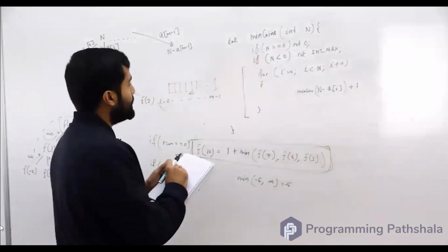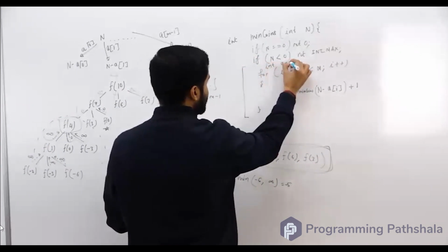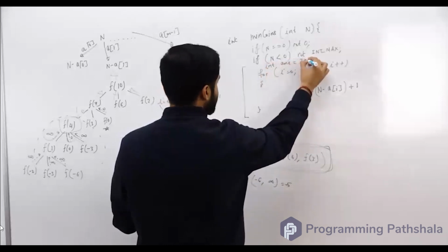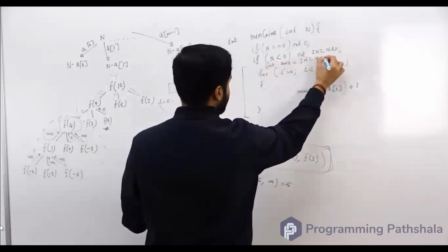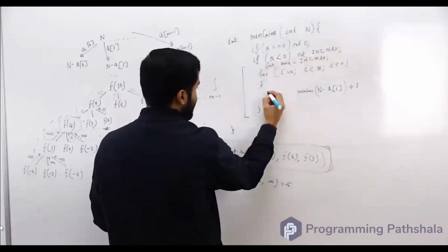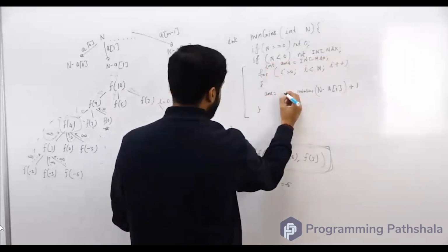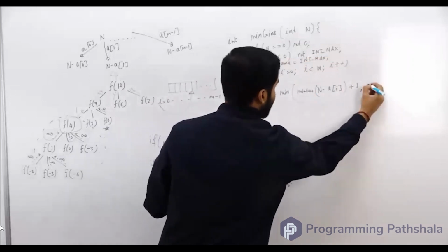So what I can do is, before starting this for loop, I can have an answer variable, and I can initialize this answer to infinity. Let's say it is int underscore max to start with. And now every time I'll update my answer. I'll write answer equals minimum of this expression, comma, answer.